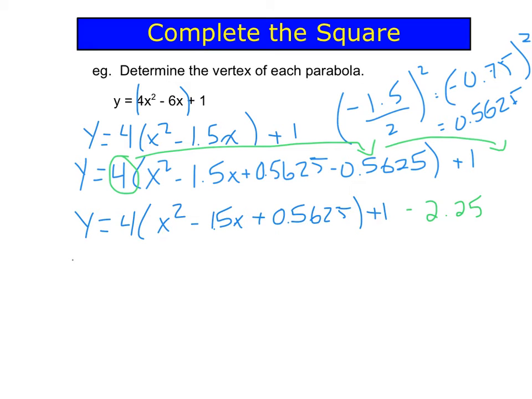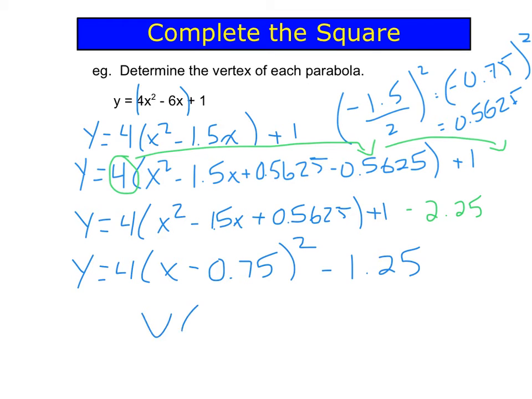Now we factor it. And just remember the number that we squared, so that negative 3/4, that goes in the bracket. Negative 1.25. So the vertex is 3/4, comma, negative 1.25. If you're using fractions, that was 3/4, comma, negative 5/4.